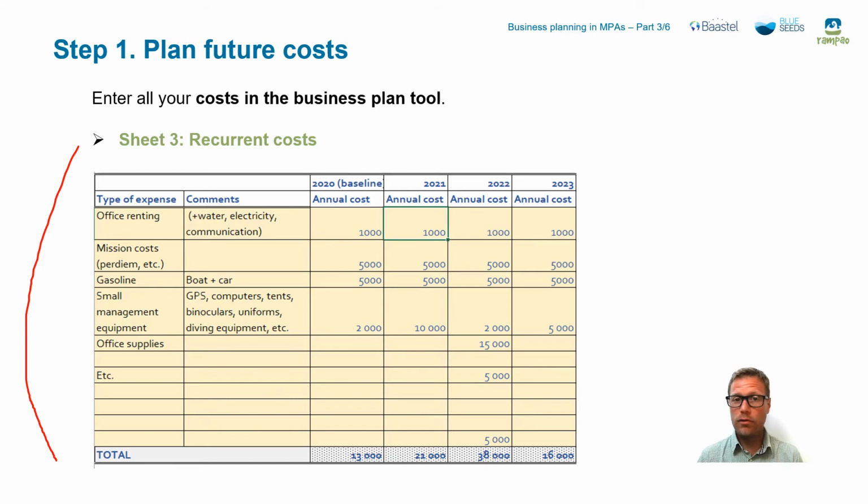These include diverse operational costs, like the expenses related to water consumption and electricity, or the cost of fuel. In another table on this sheet, you can also include the costs of maintenance of equipment and facilities.